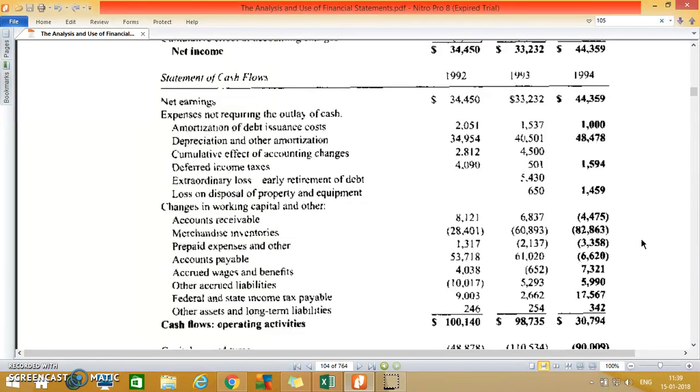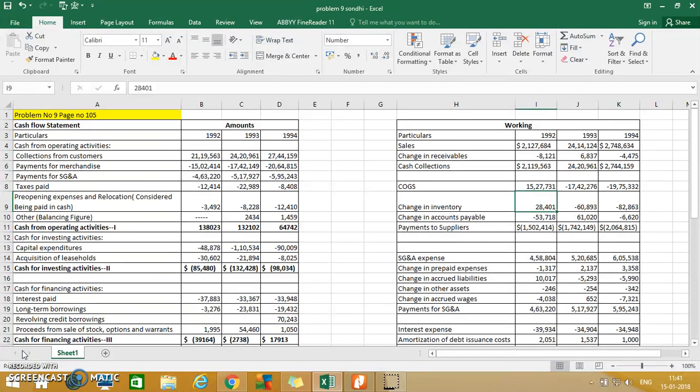We have not been given information about any other assets and the long-term liabilities, and we will have to work under the given conditions.